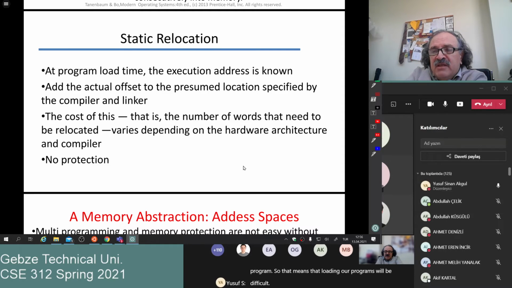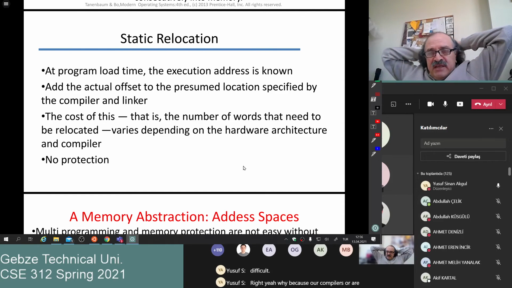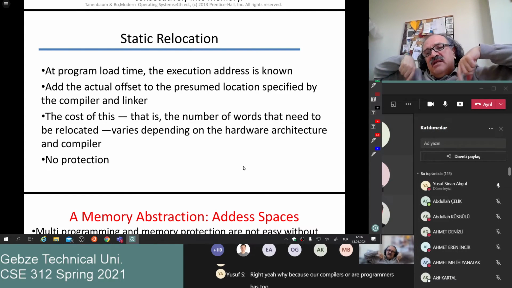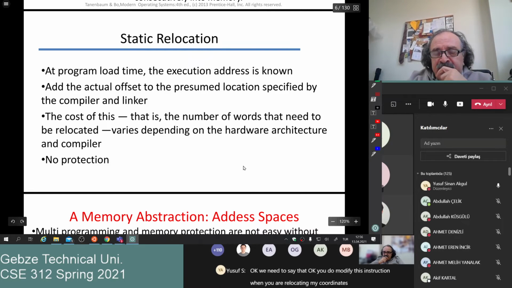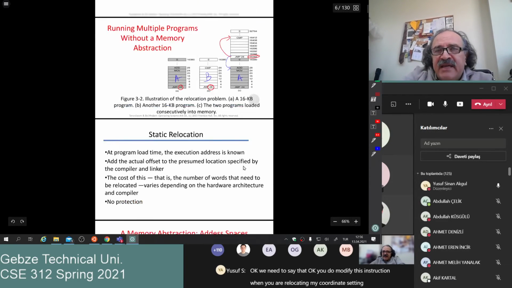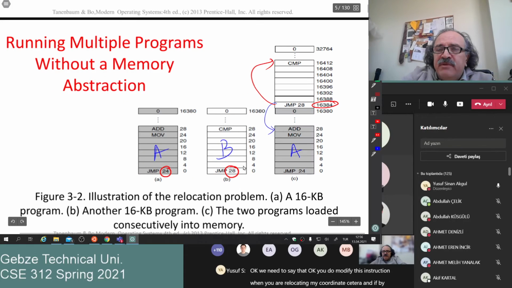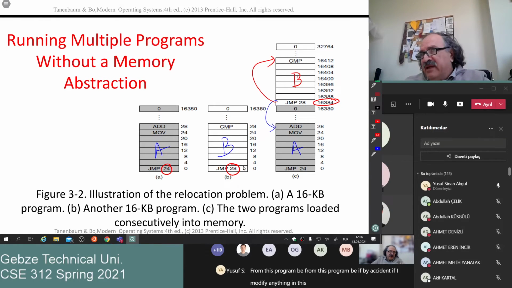Why? Because our compilers or our programmers have to mark some of the instructions to be modified. We need to say, okay, you need to modify this instruction when you are relocating my code, etc. And if by accident program B modifies anything in this part of the memory, it will be allowed, and that's a bad thing.